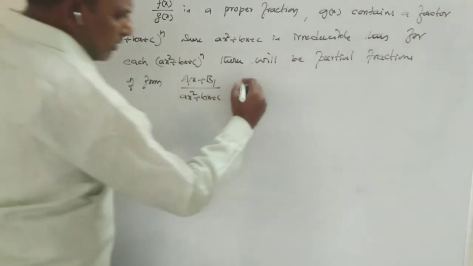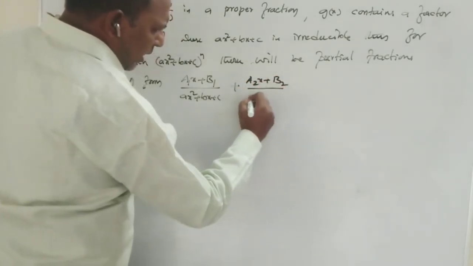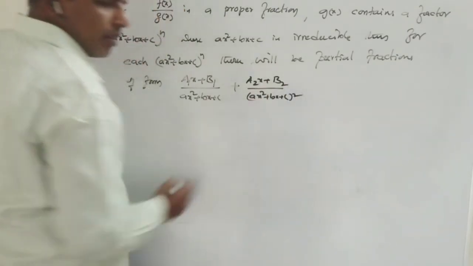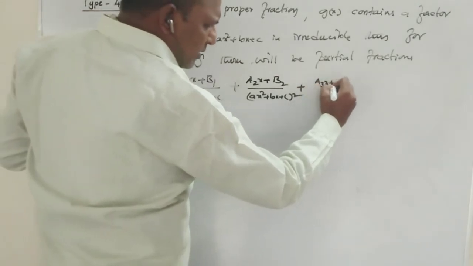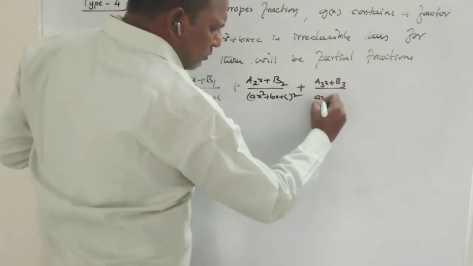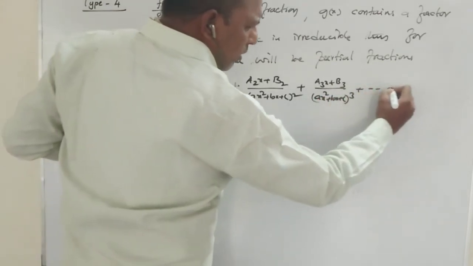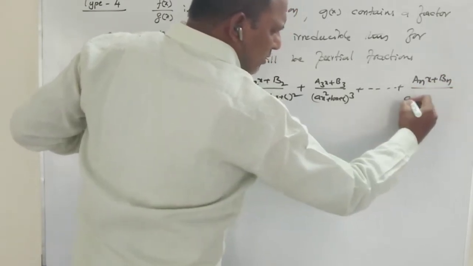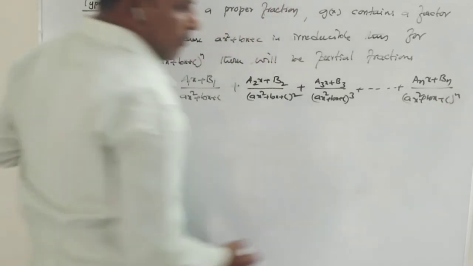What is the second term? a2x plus b2 by ax square plus bx plus c whole square, plus a3x plus b3 by ax square plus bx plus c whole to the power of 3, and so on, up to anx plus bn by ax square plus bx plus c whole to the power of n.